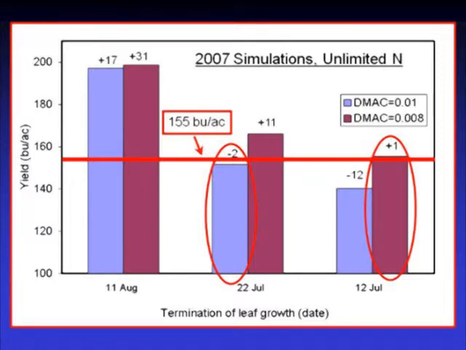I think one of the key things here is that this assumes the crop has an unlimited nitrogen supply, that his fertility program results in a system that never has to use those vegetative proteins in the leaves to send to the seed. And this keeps the leaves green like we've seen at the end of the season. So, he has 14% moisture and a green crop out there.